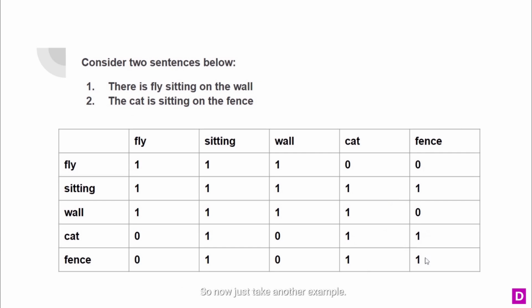Now let's take another example, correlating between these two contexts. Sitting and fence can co-occur together, so the value for sitting and fence is 1 again. Whereas the word wall is not present in the second context, that's why the value for wall and fence is 0.